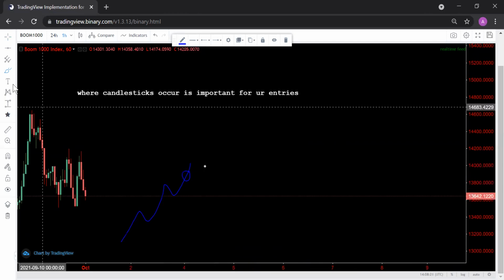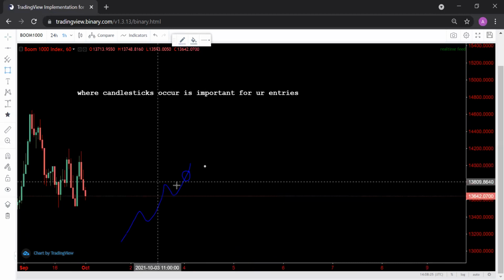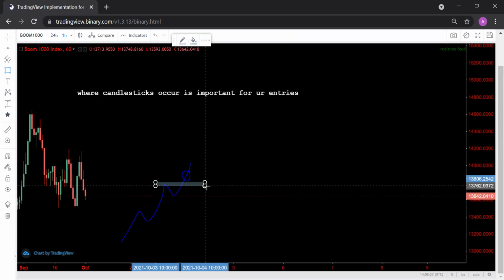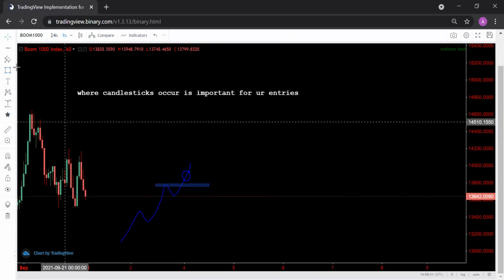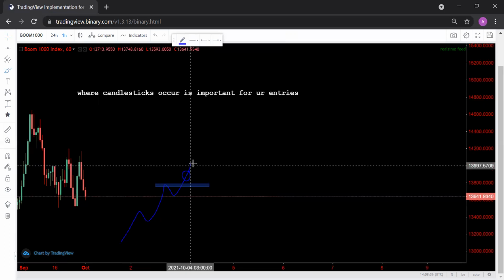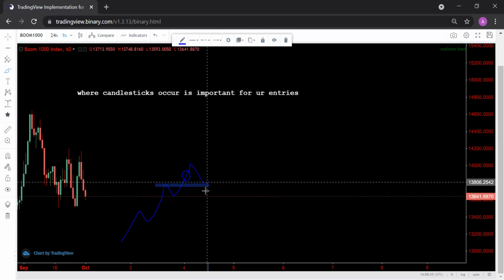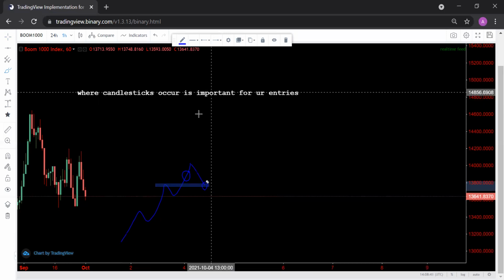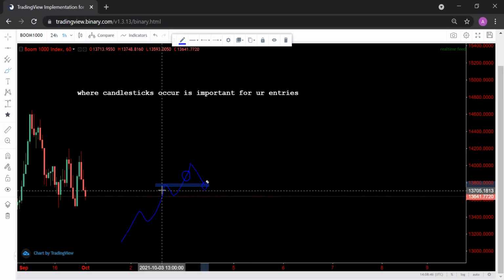But if now we see price coming down to this highlighted resistance zone, and then I see a buy candlestick here, now I can consider it, because the zone at which the candlestick formed is a zone of value, where I can expect the market to reverse from here.